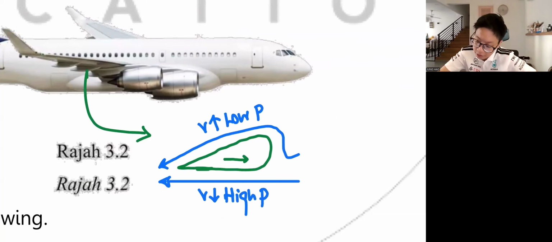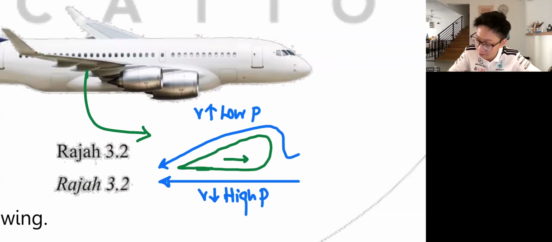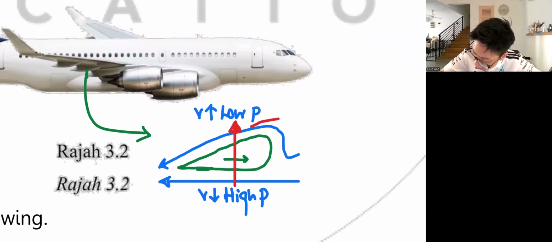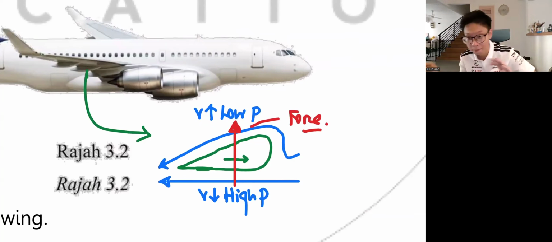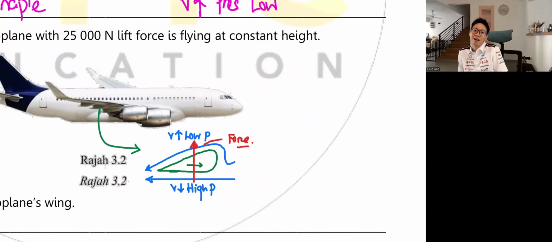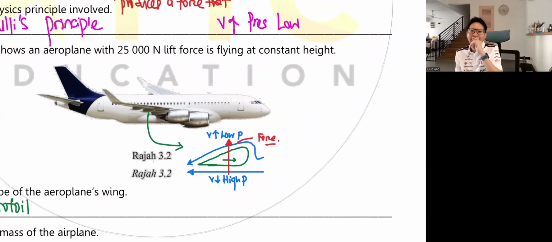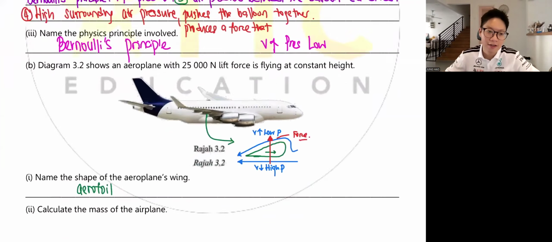The bottom part is high pressure, so the high pressure will push towards the low pressure, producing a force that pushes the wing up. Understand? So this force is the one that makes the aeroplane fly. It's the shape of the wing that makes it fly.